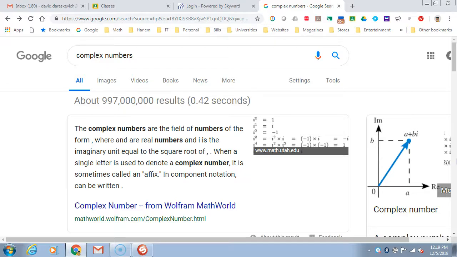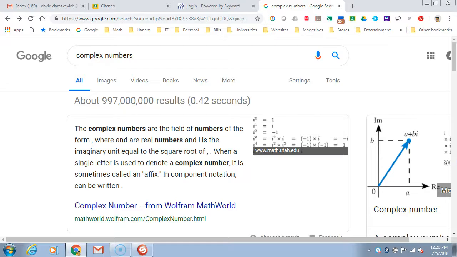What's i to the first, people? What's anything to the first? i. What's i squared? Negative 1. What do you think i cubed is going to be? What's i to the 4th?